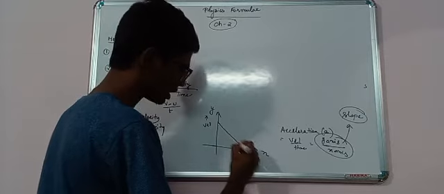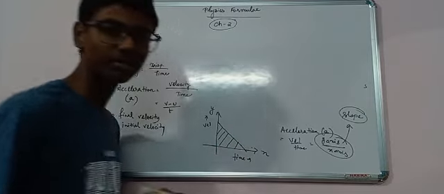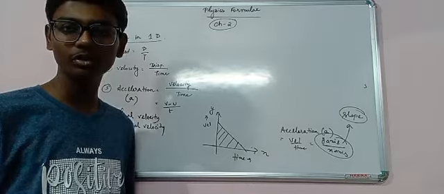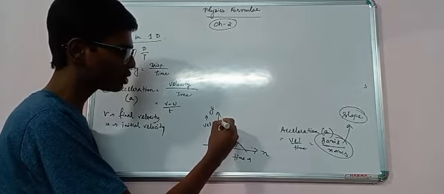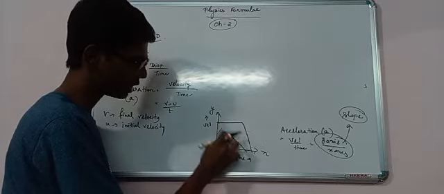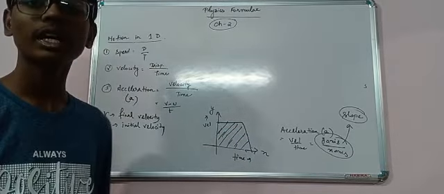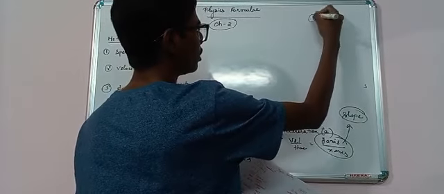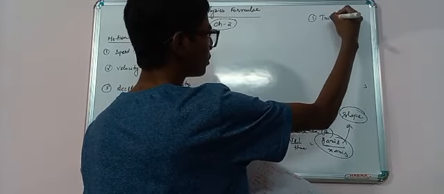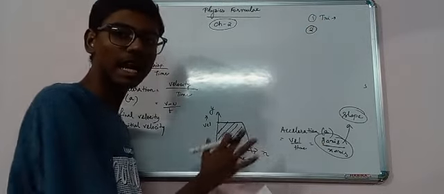Next formula. Sometimes you need to find the area. Suppose I have such a graph, and you are asked to find out the area of this, then what formula will you use? Obviously of a triangle. Suppose you have a trapezium. Suppose you have a square here. What formula will you use? Area of a square.